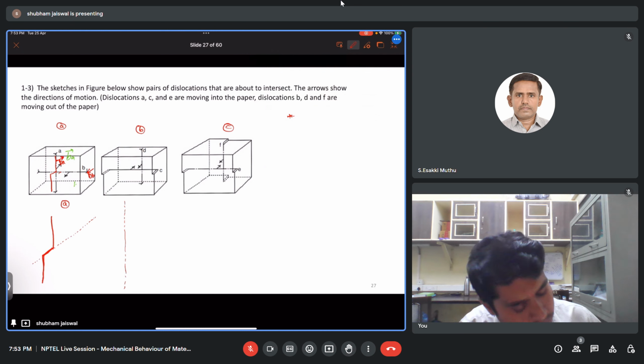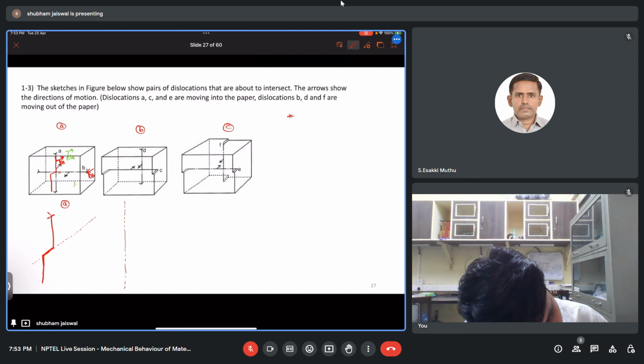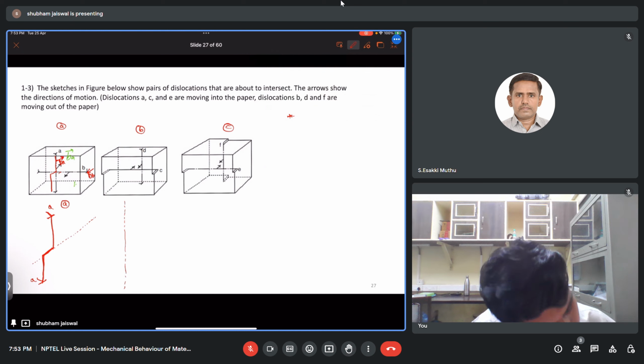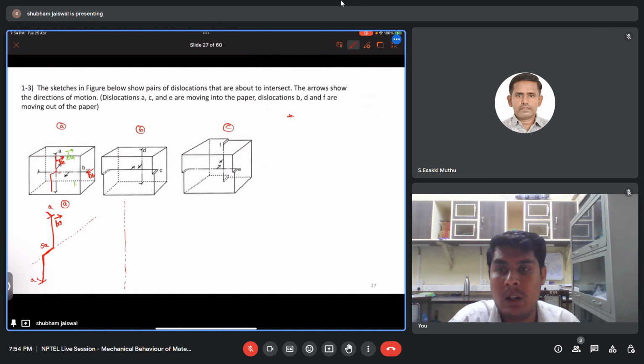So this is my A dislocation, and this is the direction of the Burgers vector of dislocation A, and let's say this is my step SA.